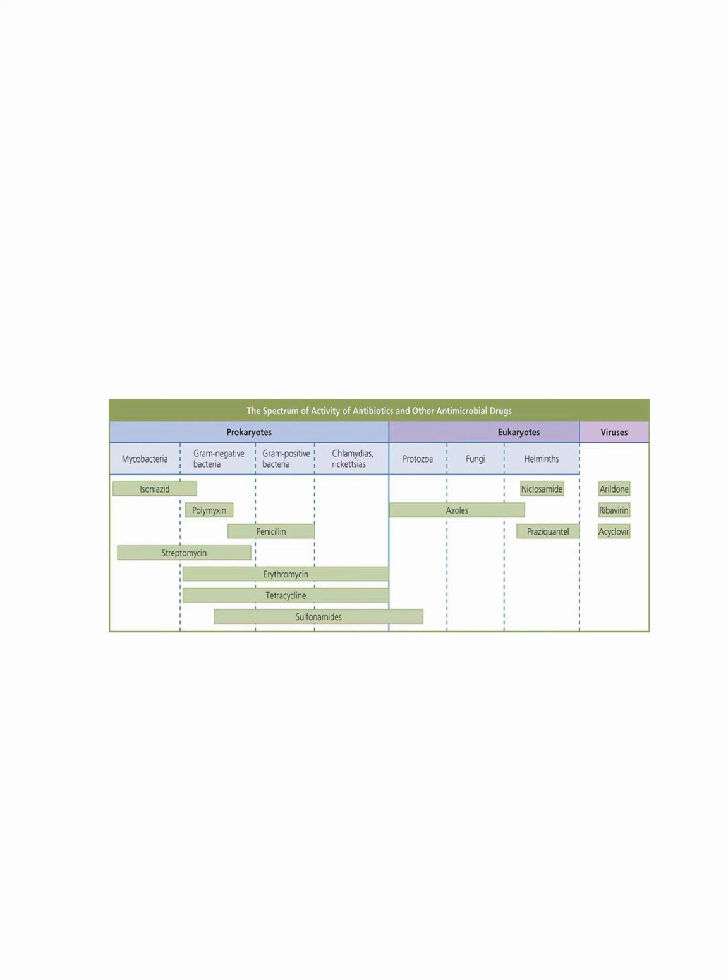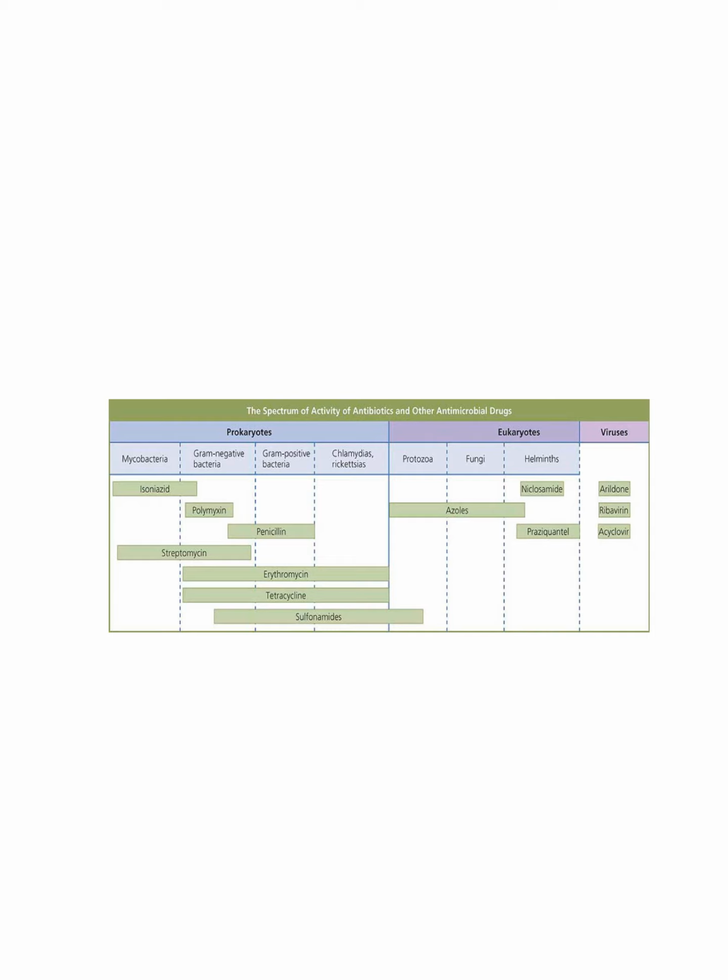Mycobacterium are only killed by certain types of these antibiotics. We haven't talked about really any of these today, so these eukaryotic types of things, which means they have eukaryotic cell membranes. Like we're eukaryotes. We are not prokaryotes. Bacteria are prokaryotic. So these types of pathogens we talked about today are prokaryotic.